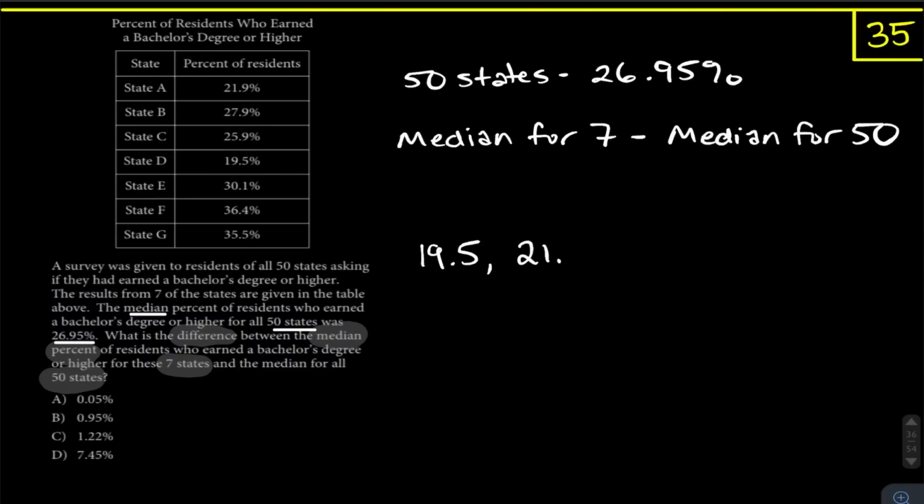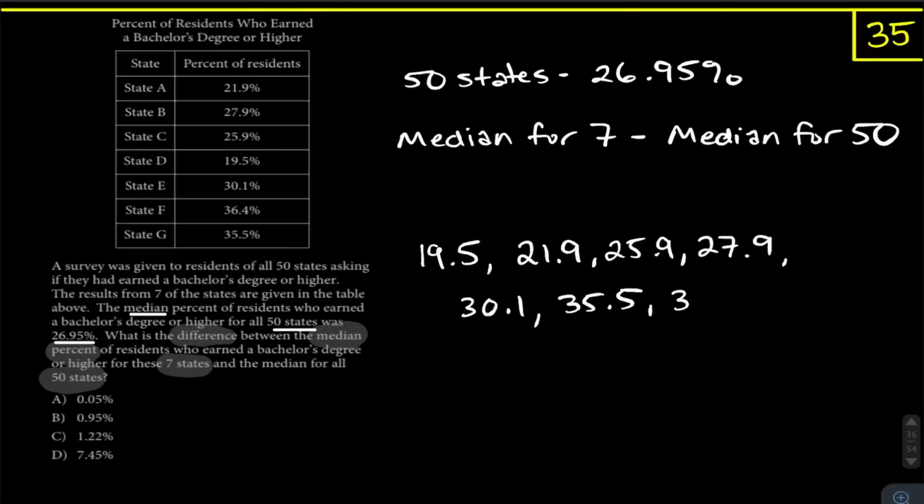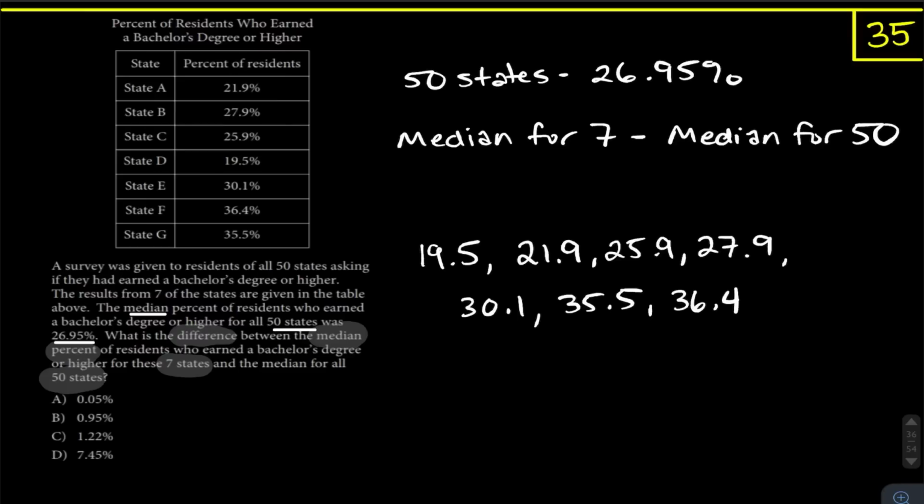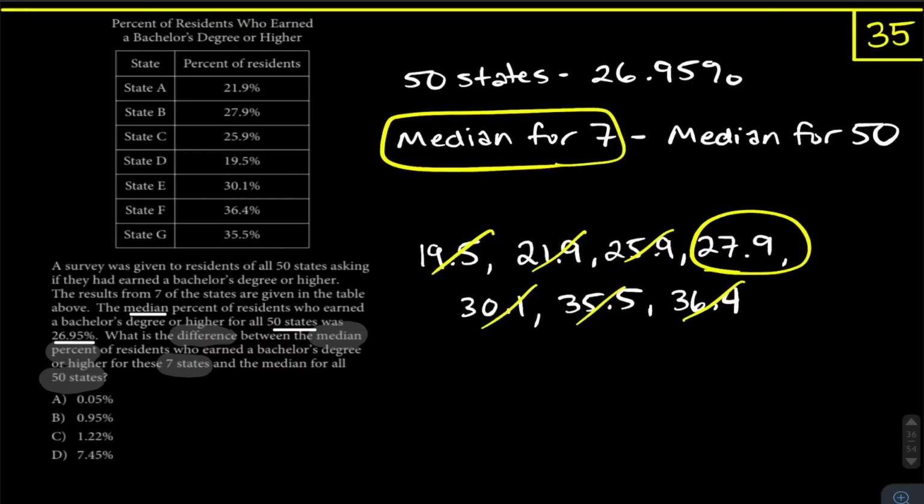Then we have 21.9, and looks like 25.9, 27.9, 30.1, 35.5, and 36.4. And so all we would have to do here is start crossing off, 1, 1, 2, 2, 3, 3, and now we find our middle number. It's 27.9. So that's going to be our median for 7 states.